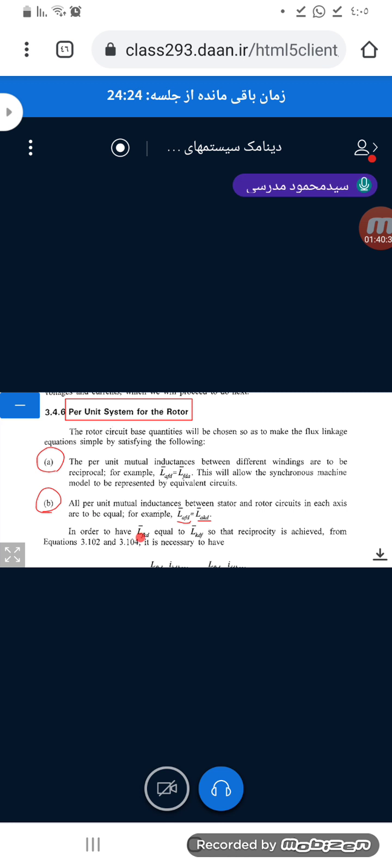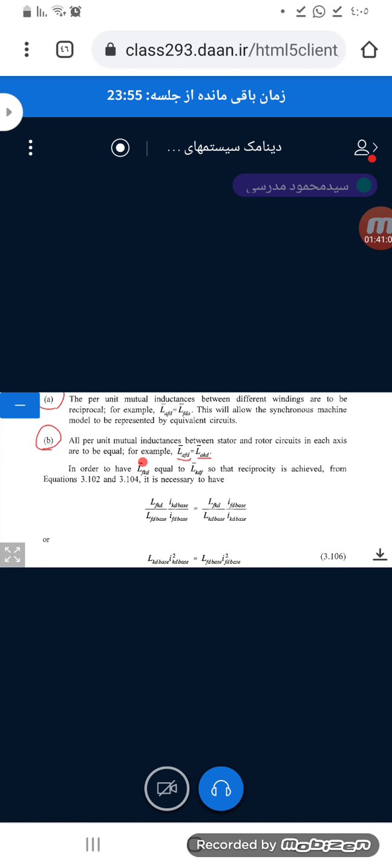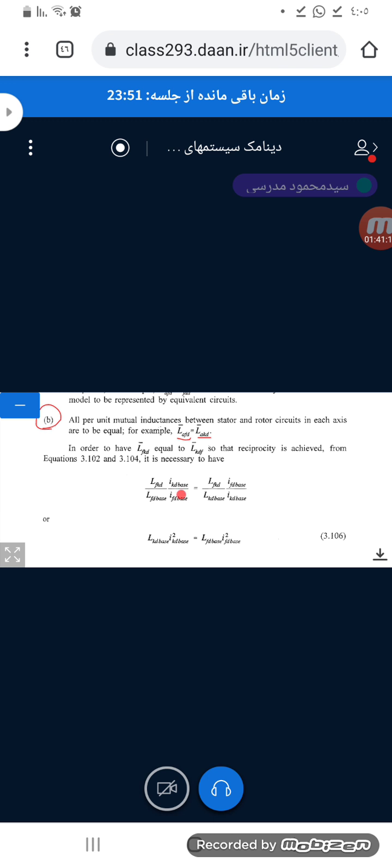In order to have L_FDA equal to L_KDF, so that reciprocity is achieved, from equations 3.102 and 3.104 it is necessary to have L_KD base I_KD base squared equal to L_FD base multiplied by I_FD base squared.